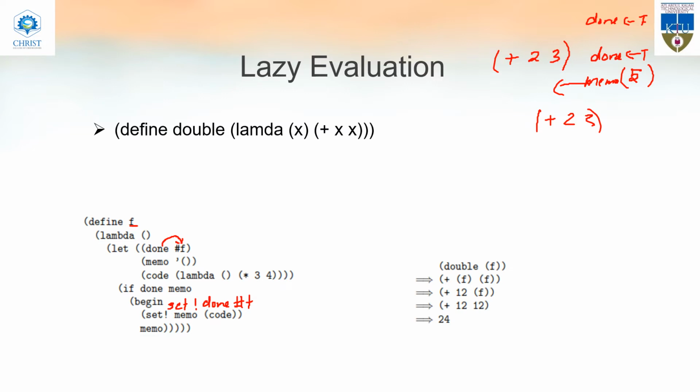If you calculate it once, you set done as true and you return memo. So if it is already calculated, you will return memo.